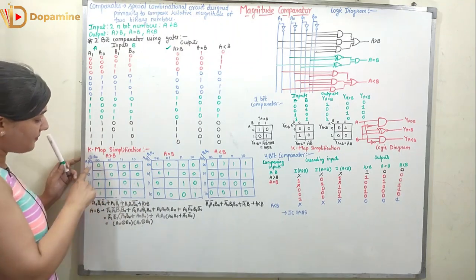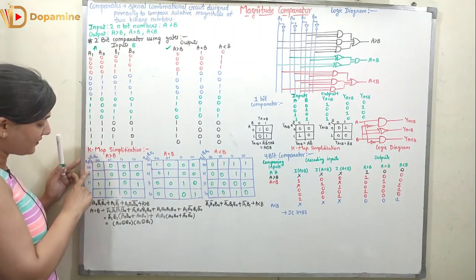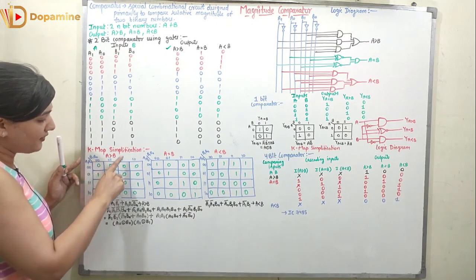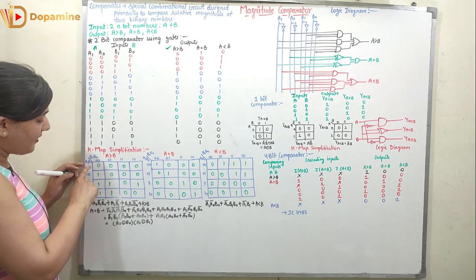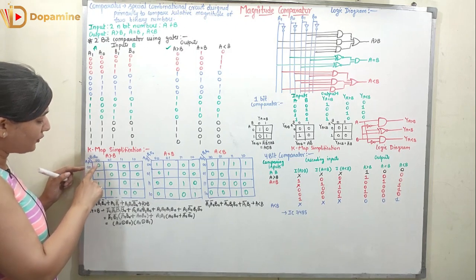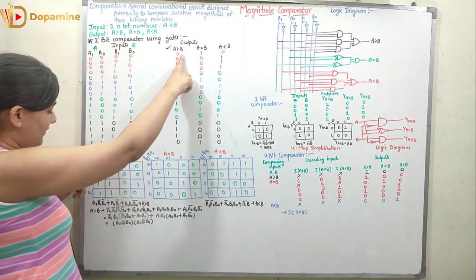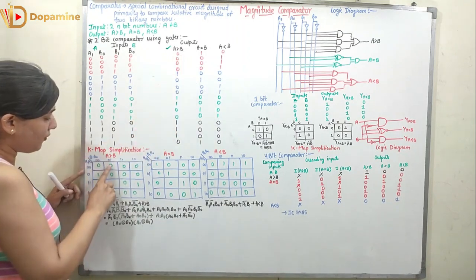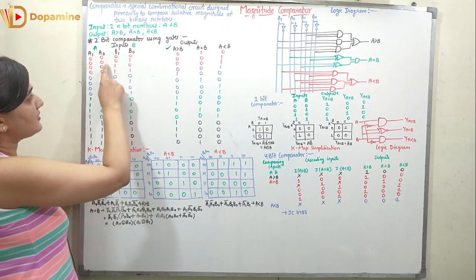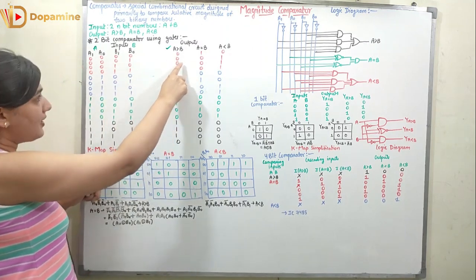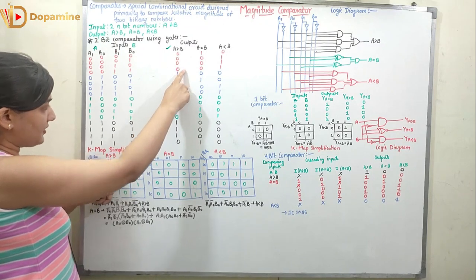When A is greater than B, we have taken A1, A0 as 00, 01, 11, 10, and B1, B0 as 00, 01, 11, 10. So when A1, A0 and B1, B0 are both 0, the output A is greater than B is 0. Then when it is 0001, in this case it has 0 value again, then 0 again, and then 0 again.